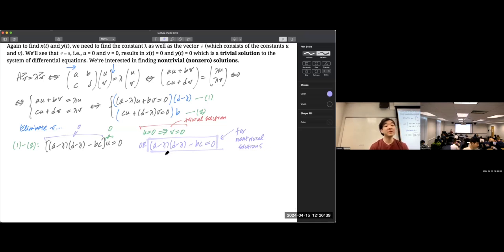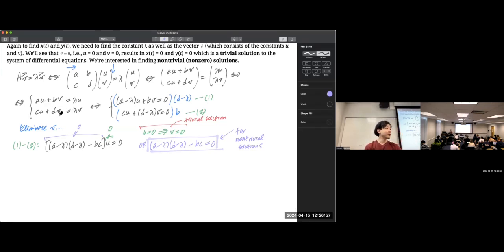And then once you have your lambda, you can plug the lambda into this system. So let's say lambda is 3, then this will be 3u and 3v. Well, now you've got two equations that have only two unknowns, u and v.